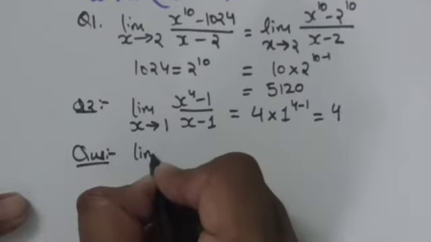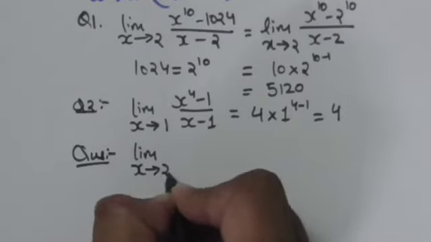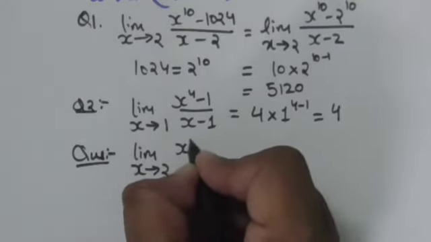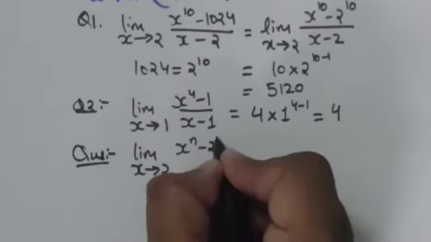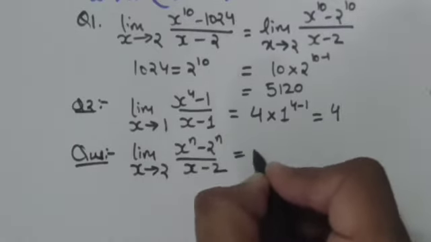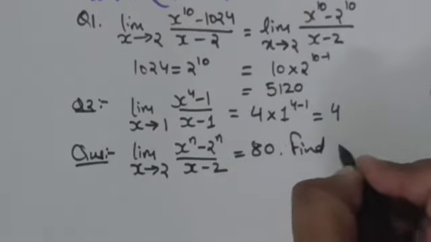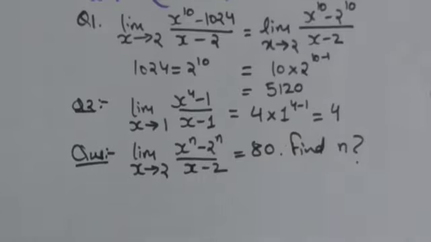Limit x tends to 2, x raised to power n minus 2 raised to power n upon x minus 2 is equal to 80. And here we have to find the value of n. Right? We have to find what is the value of n.